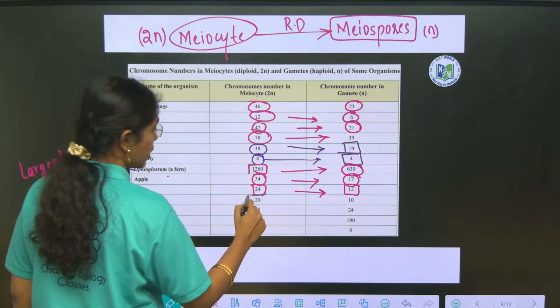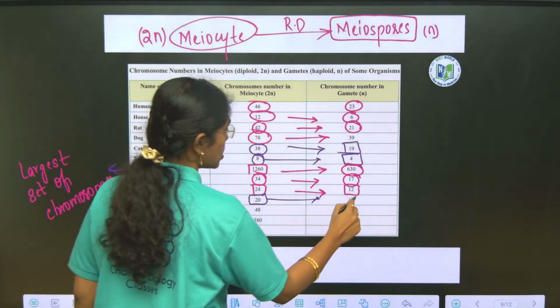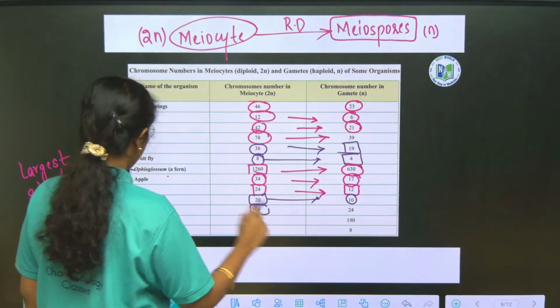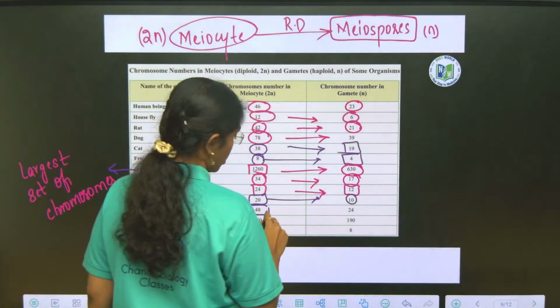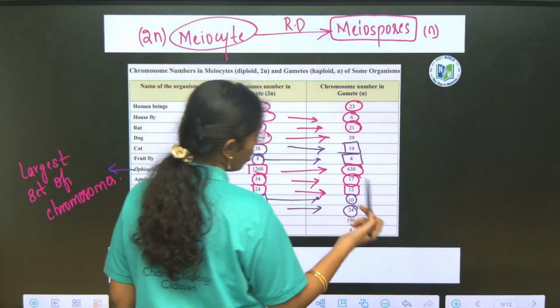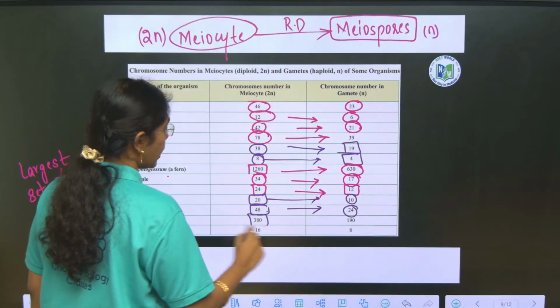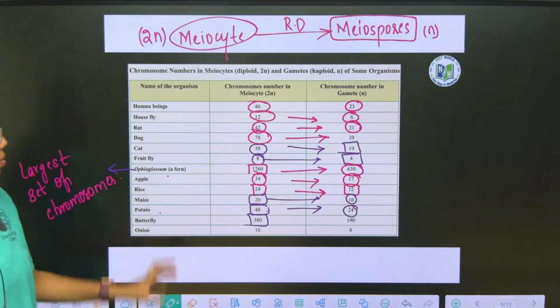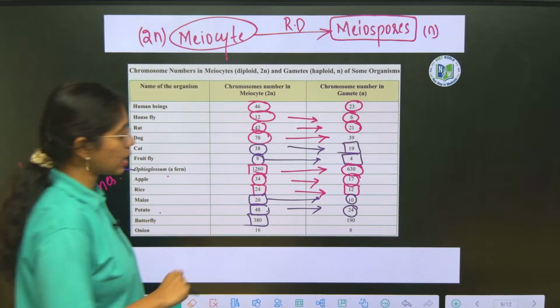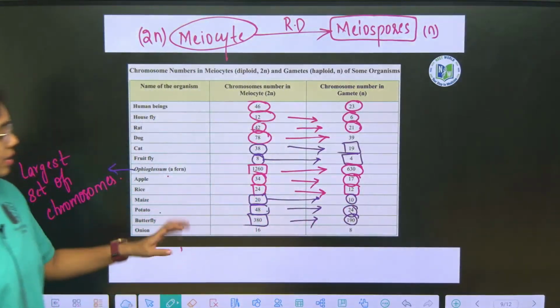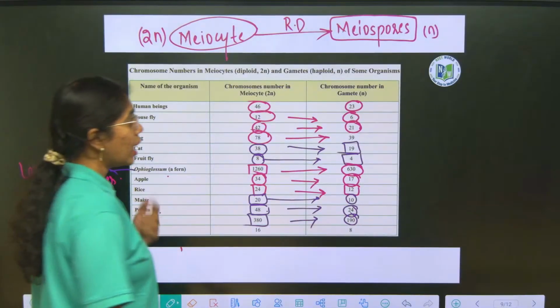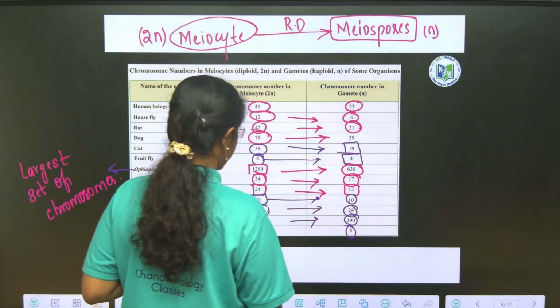Maize has 20, haploid set is 10, and potato has 48 in the complete set and 24 haploid. Butterfly has 380 in the complete set and the haploid set is 190. And onion has 16 chromosomes in the complete set and half the set is 8.